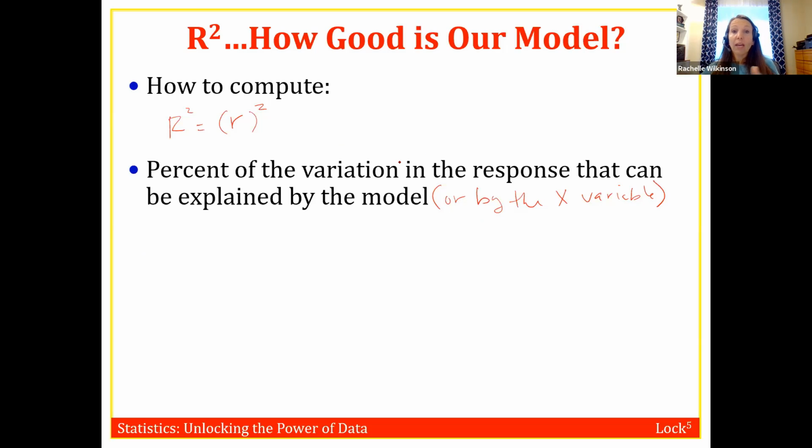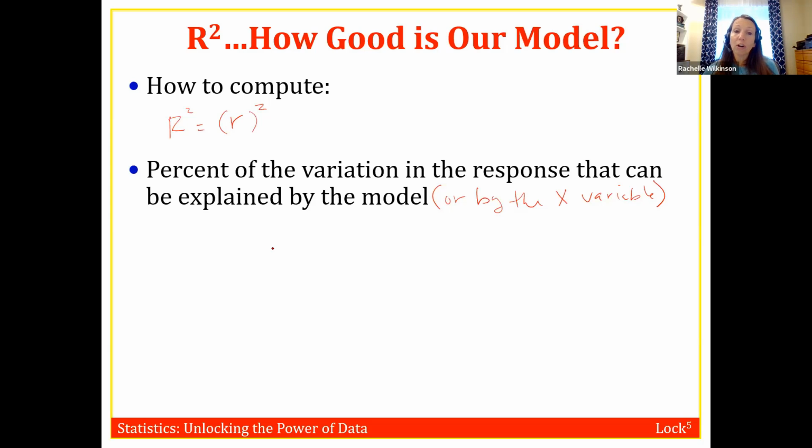It's going to say, okay, how much does height explain, and how much is the variation because of all these other factors. R-squared tells us how much of the variation in the response can be explained by our x variable, and the leftover is explained by everything else that's not in our model.